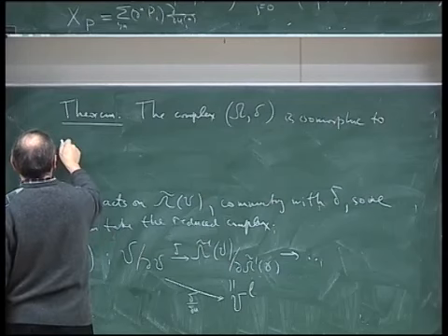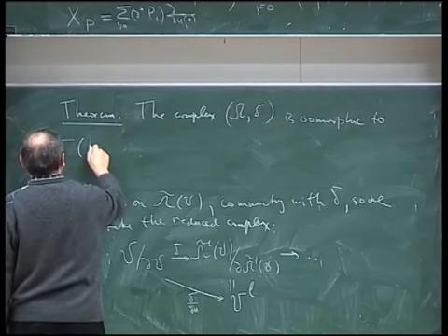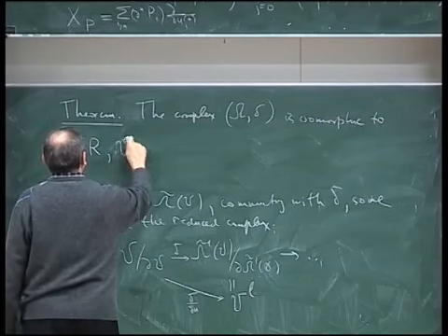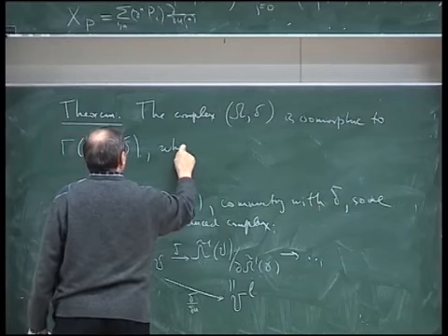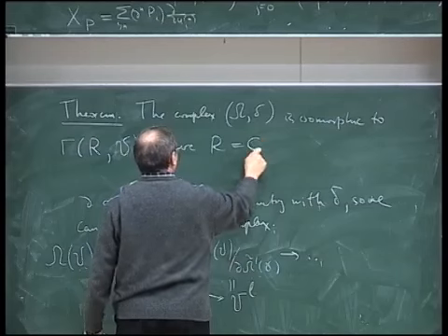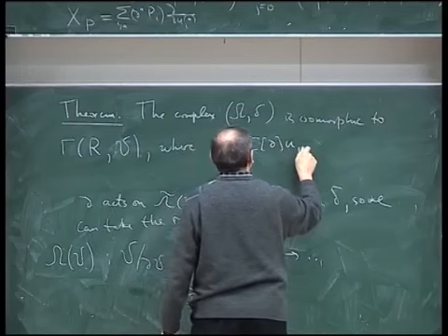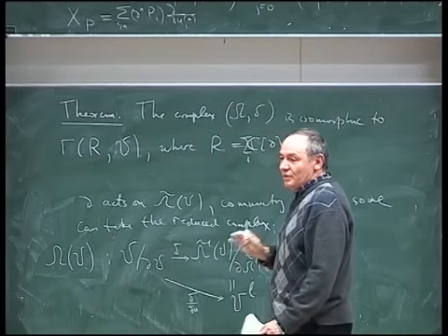I don't remember, I think I used notation gamma. Gamma of R, M, R, V, where R is this Lie conformal algebra with trivial lambda bracket.